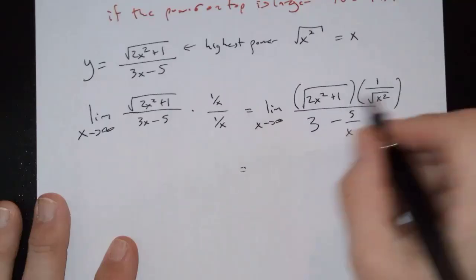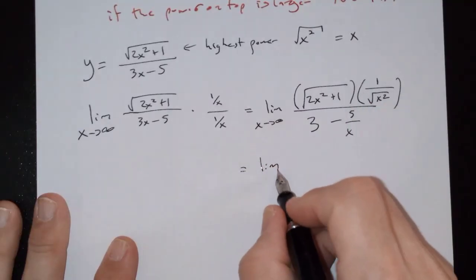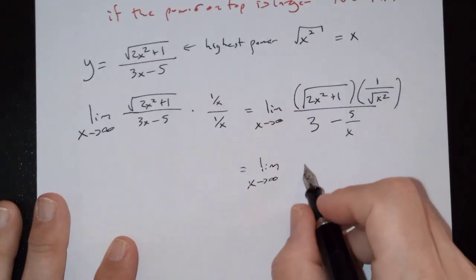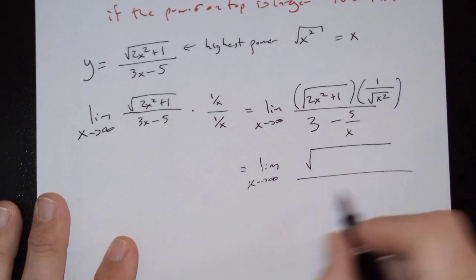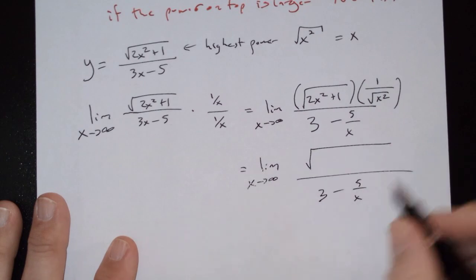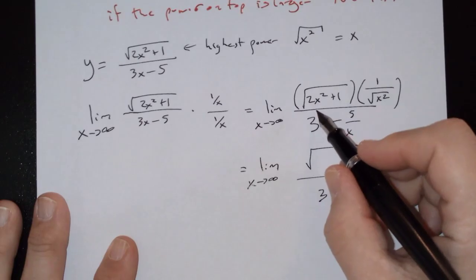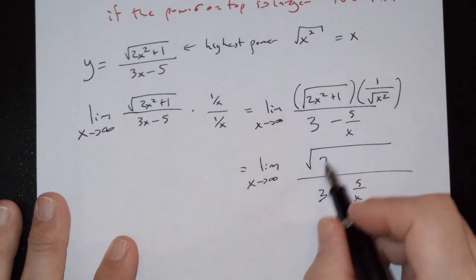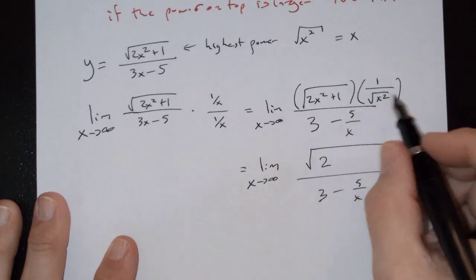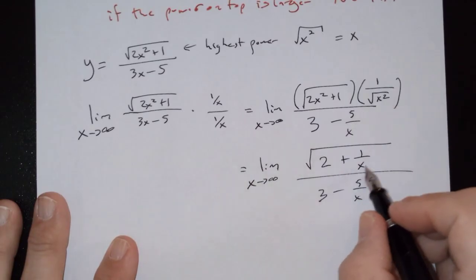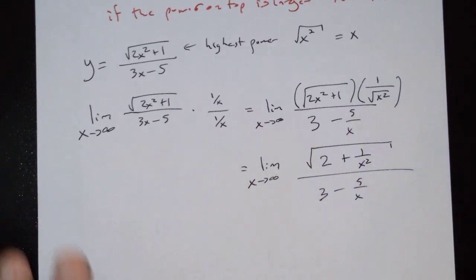So in this case, I can squish these together. And then I take this x squared and I put it on the bottom of this 2x squared, and that becomes a 2. And I take this 1 and I put it over the x squared. And it's all under the root like that. So that works. But now I can play the same game.